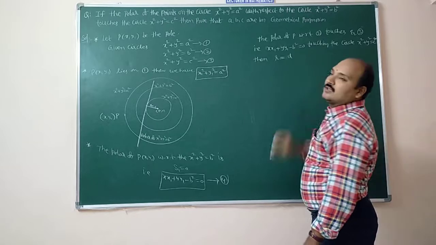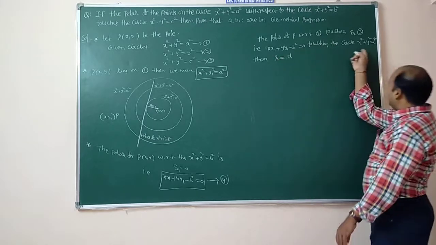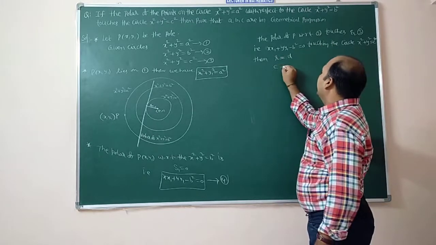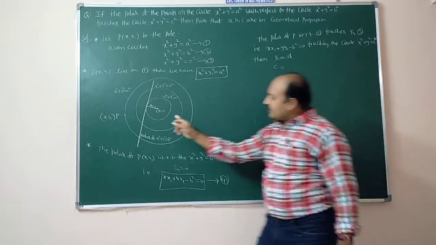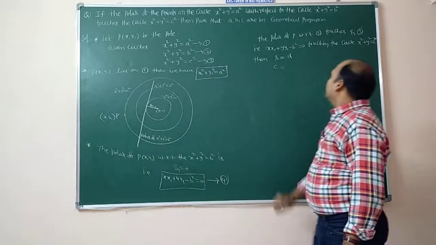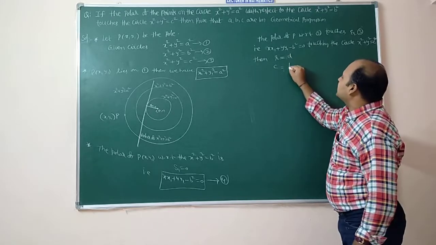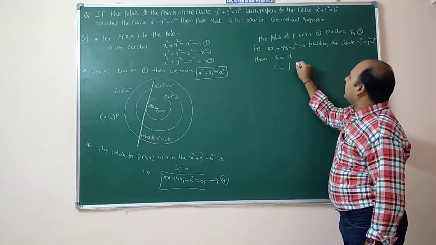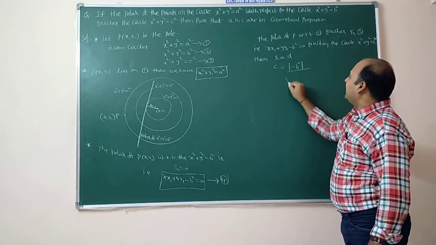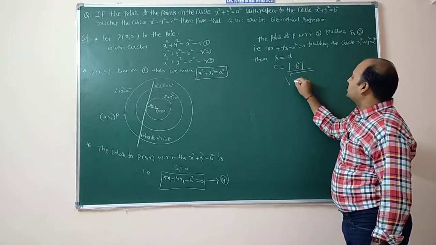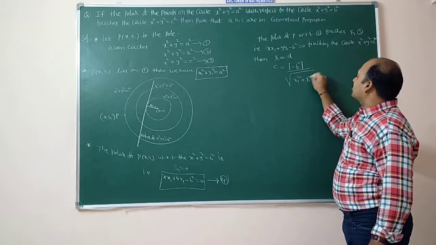Then radius is equal to perpendicular distance, r is equal to d. So r, the radius of the third circle, is c. d means perpendicular distance from center of the circle to this line. Perpendicular distance from origin to the line means mod c by root of a square plus b square formula. Here c is mod minus b square divided by root of x1 square plus y1 square.